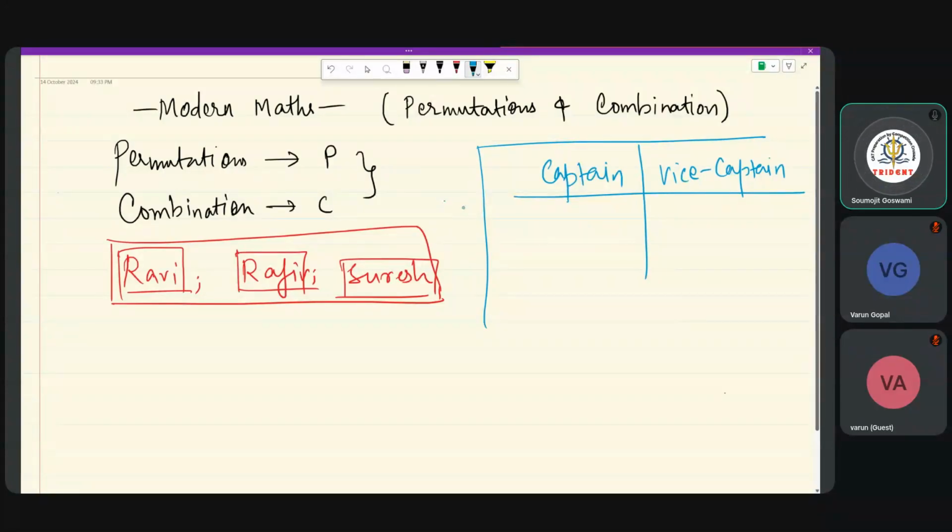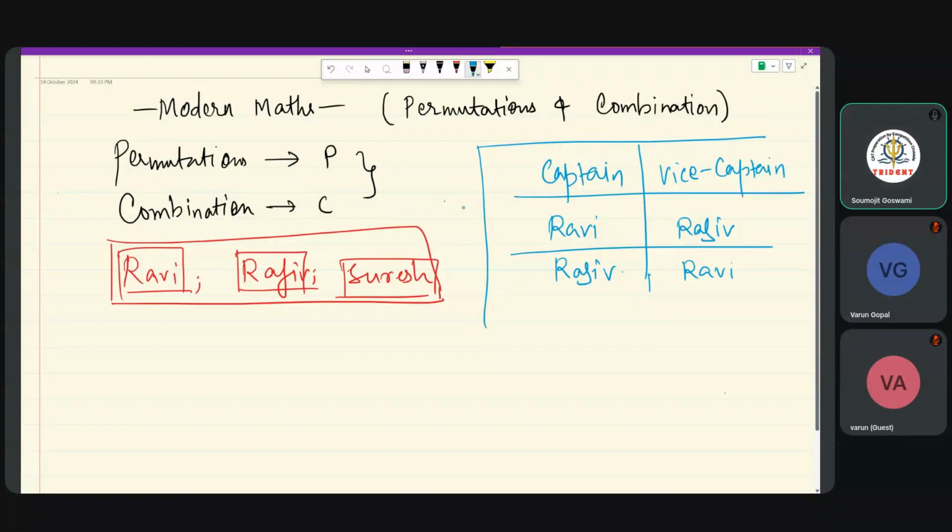Understand that there are only three friends. When I say for captain, I can select captain as Ravi, and then vice captain as, let's say, Rajiv. I can also do captain as Rajiv and vice captain as Ravi.